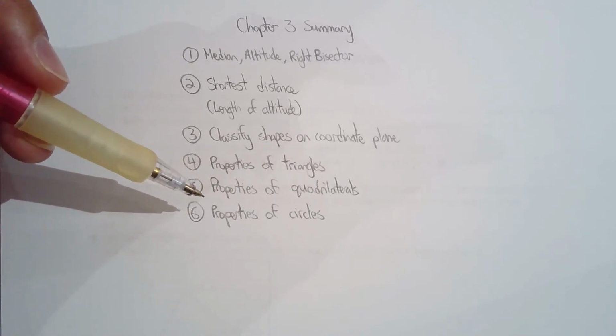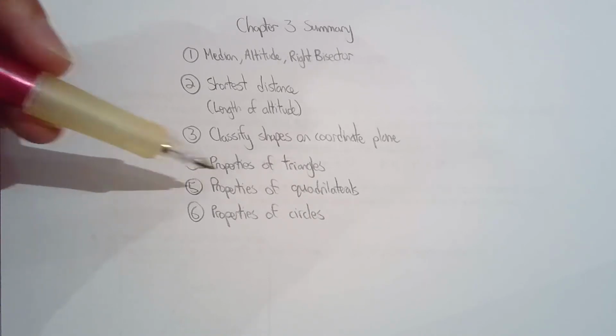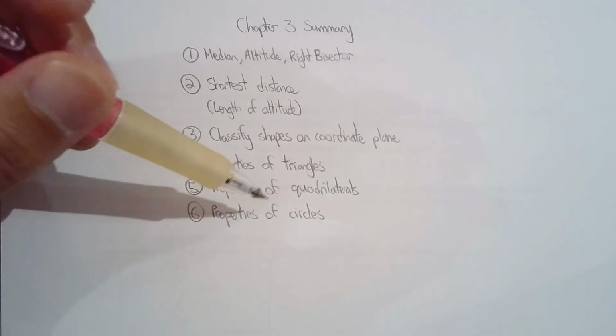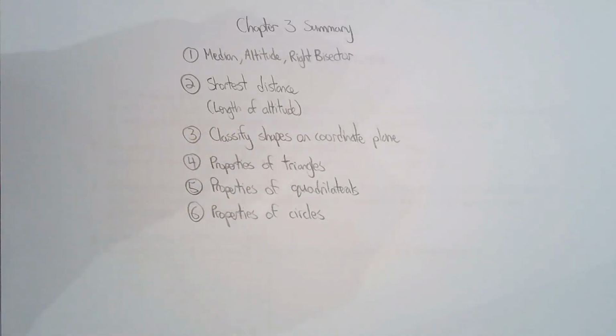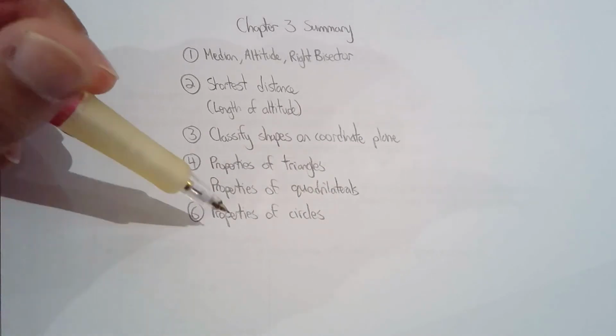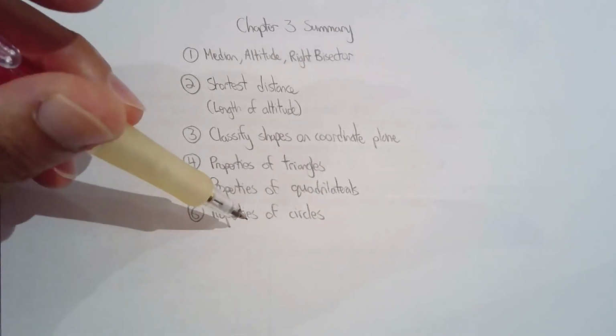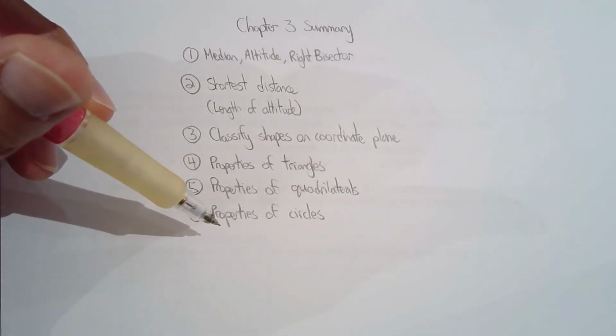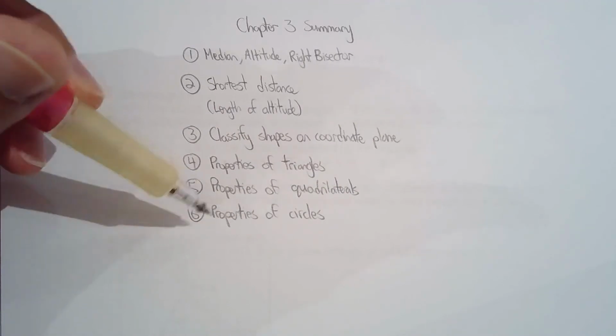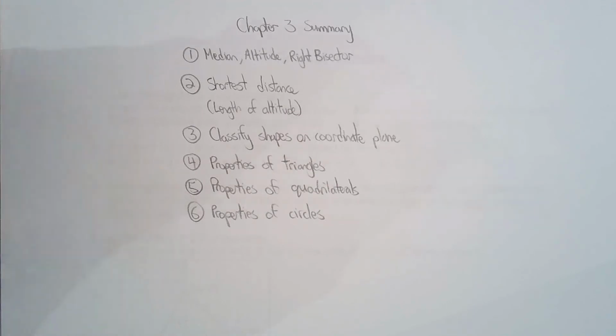It's parallel to the parallel sides of the trapezoid, and it's the average of the lengths. So there's a lot of different interesting properties, and we might ask you to verify them. I'll give you one more for the circle. Diameters have to intersect at the center of the circle, and the right bisector of a chord must go through the center of the circle.